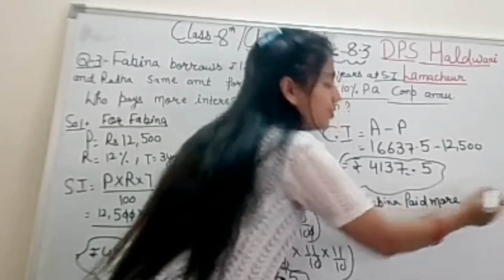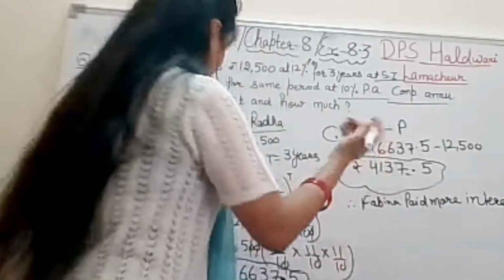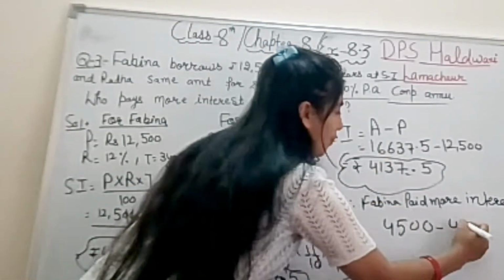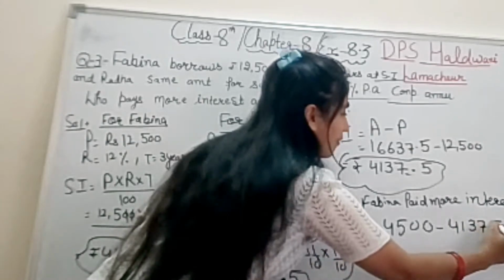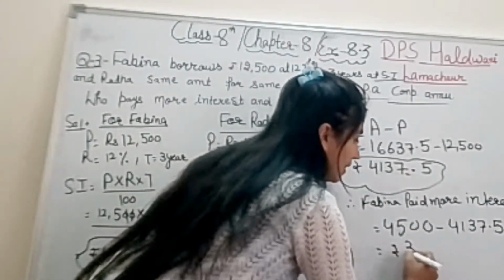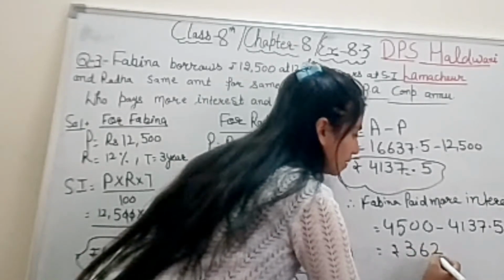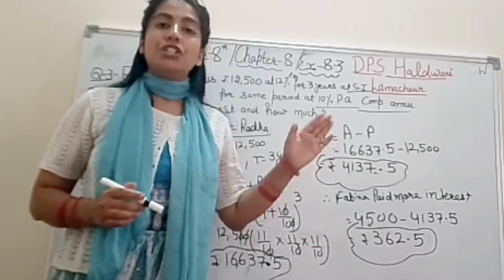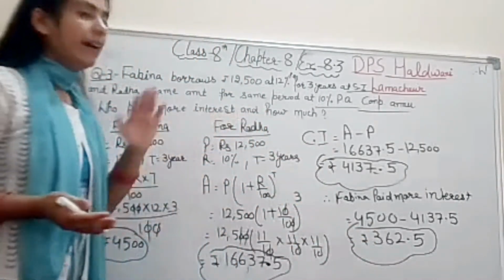So for how much you will subtract: 4,500 minus 4137.5. So let's do the subtraction. That is 362.5. So this much rupees she paid more than Radha.